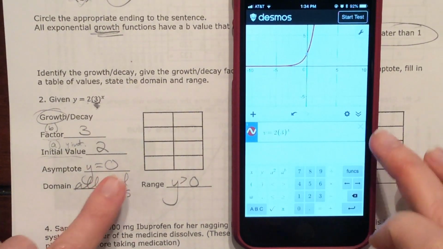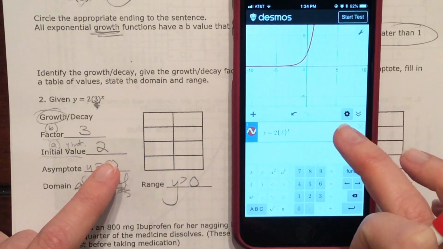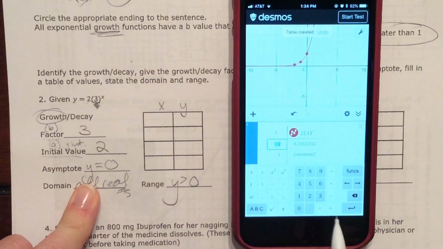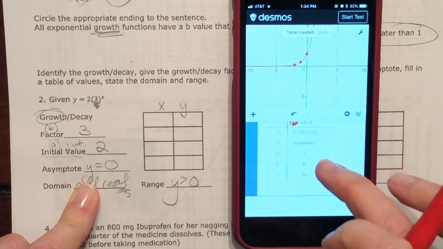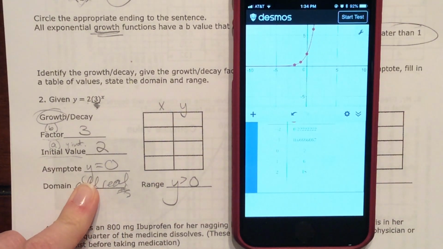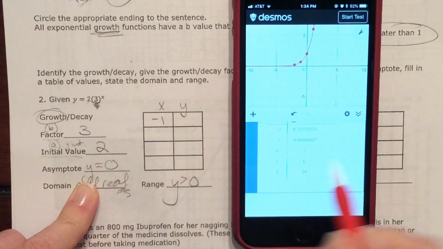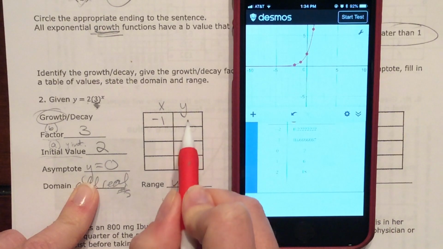And then we're going to fill in our table. So we can change it to a table. We have our x and our y values, and we can start writing some of these in. This value right here, -1, is going to be 2/3.